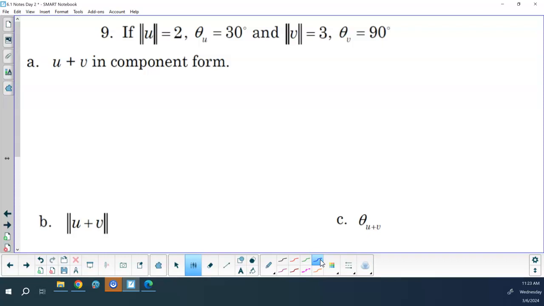So we should find what vector u and vector v is first, right? Because if we're going to add them together, we should probably know what they are first, right? Okay, so let's start with vector u.